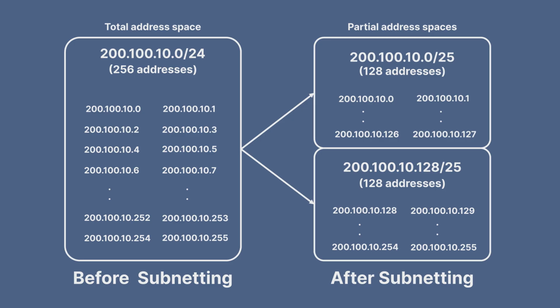By doing this, it helps determine which devices belong to the same local network and which reside in different networks. It supports efficient network organization, better control of data flow, and overall improvement in network security management.